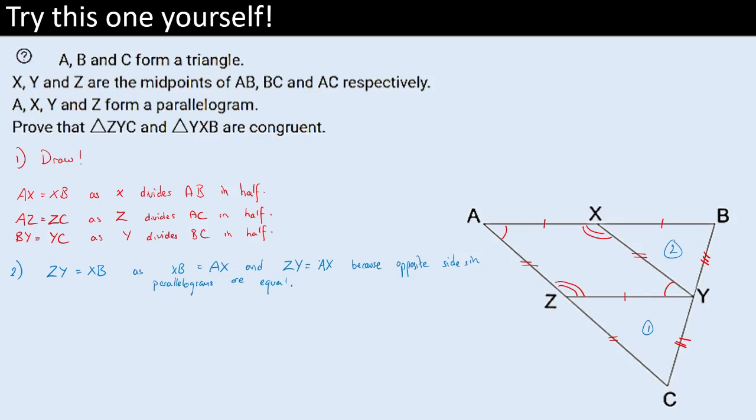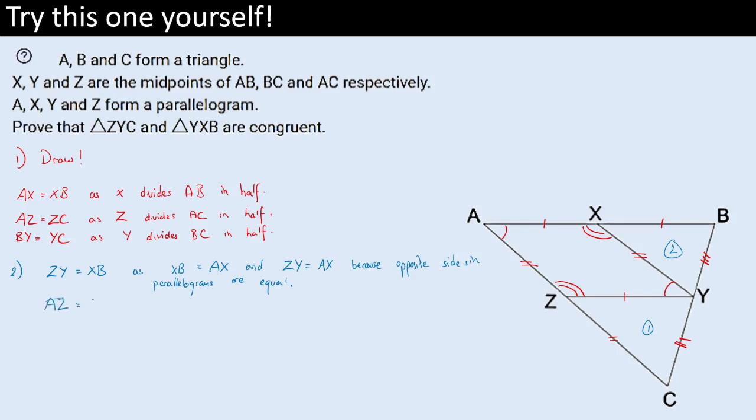Okay, because there's like a chain of reasoning here. So we've got ZY is equal to XB because XB equals AX, which we said above, and ZY equals AX. So that side equals that side. Done.